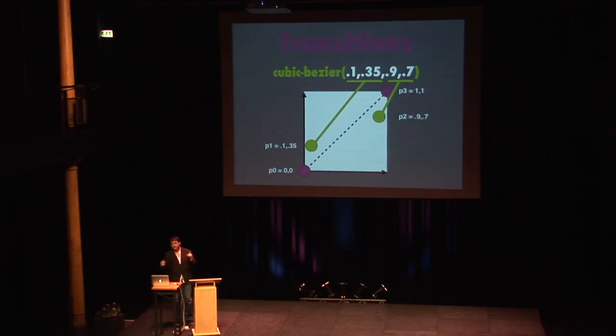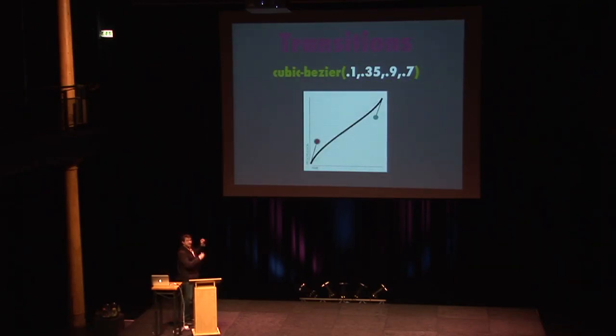And then through the magic of cubic Beziers, because I don't understand this, so that's why I'm calling it magic, those 2 points distort the line. And they vary the speed of the transition. So what was a nice linear smooth transition has now become, it kind of accelerates towards the beginning and then speeds down a little towards the end there. So that's cubic Beziers. They're quite simple when you don't understand them, like me.